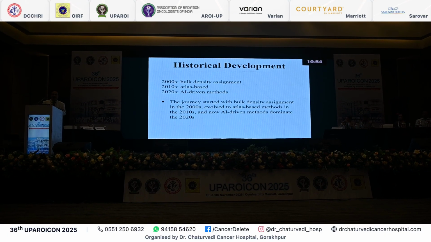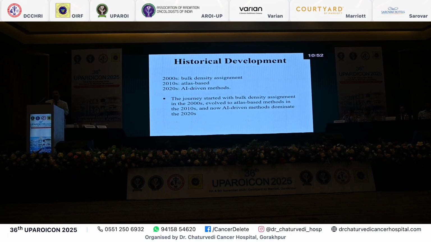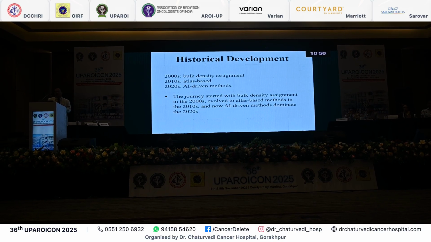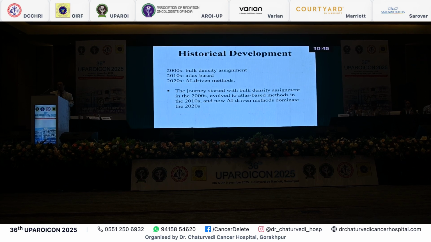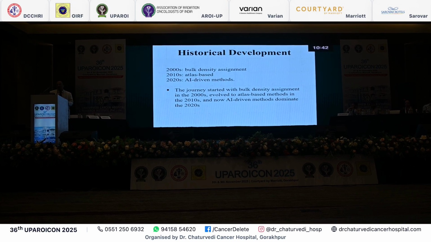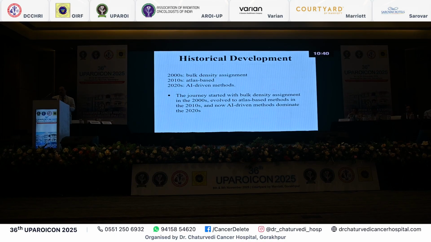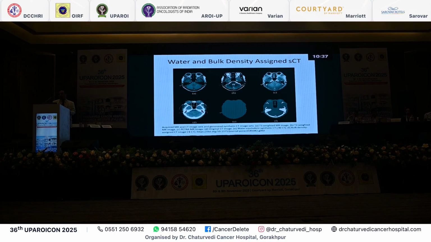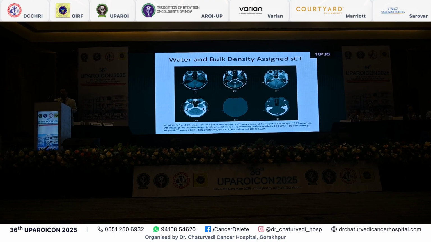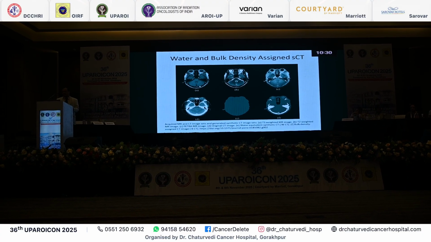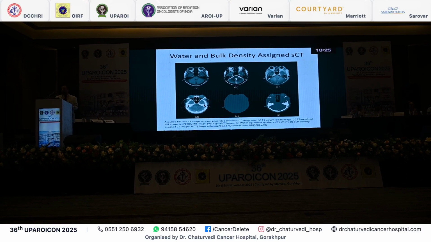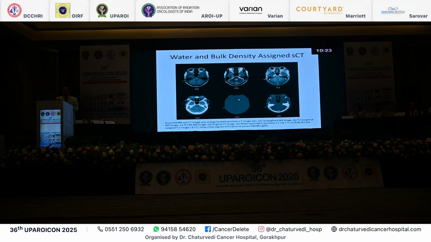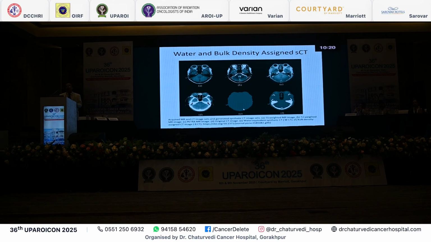But one thing we have to observe with our student eye is how this synthetic generation is done. Earlier it was done with bulk density assignment, then came atlas-based, and nowadays AI-driven methods. They all have their shortcomings, and this is what we need to keep in mind. Earlier, suppose this is our MRI and this is the CT, but when we convert this MRI into a synthetic CT, this is what was done by the software.